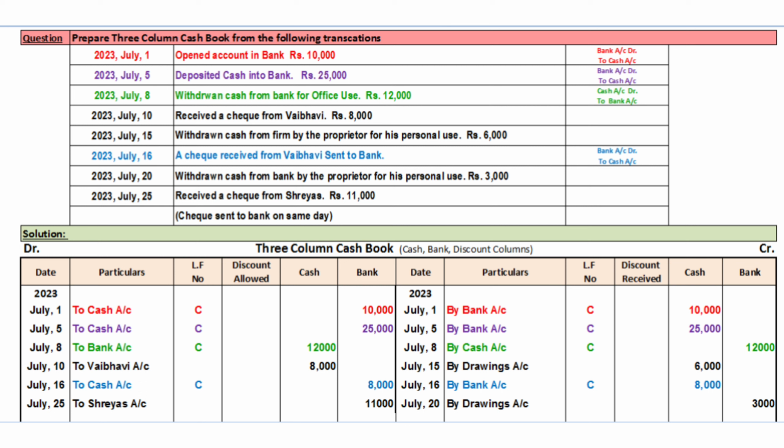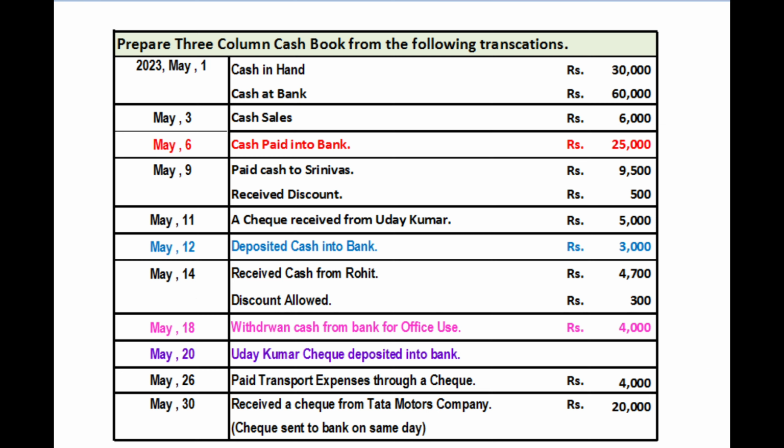Without learning to record contra entries in the 3 column cash book, it is not possible to prepare a 3 column cash book. Hence, one must learn contra entries to prepare the 3 column cash book. I hope this video is very useful for you to learn contra entries.